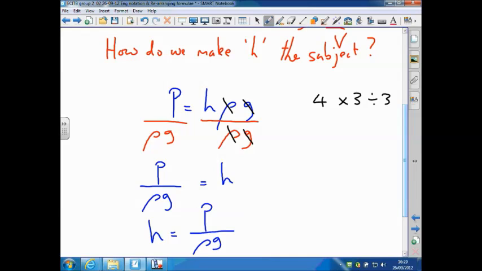Times by 3 and divide by 3 cancel each other out, don't they? And we're left with the original 4. It's exactly that idea here, because remember, the letters stand for numbers. And that's what we're applying. To get rid of an effect, I do the opposite operation. So H has been multiplied by rho, so divide by rho to undo that operation.